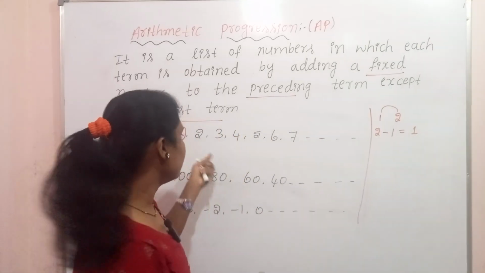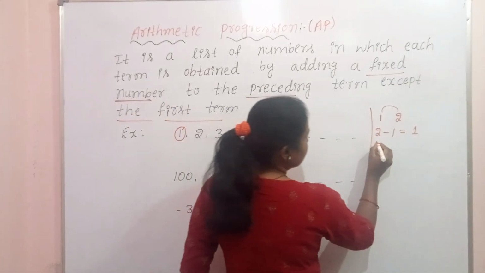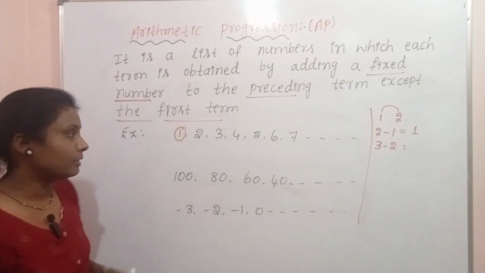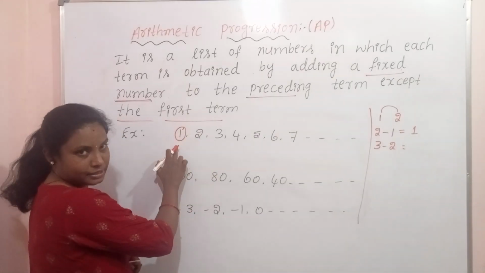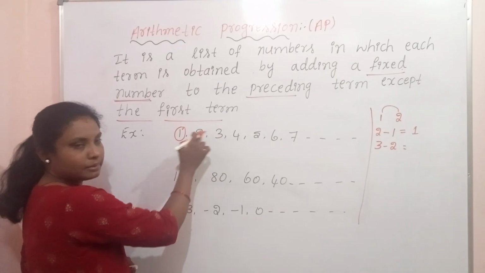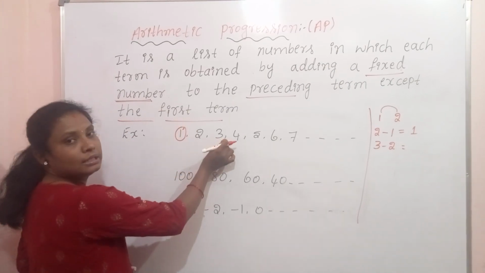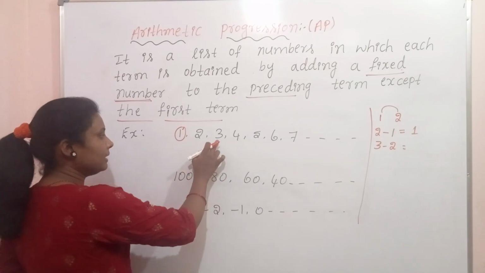Next, you can consider 2 and 3: 3 minus 2. So while finding a difference, you have to take the second term minus the first term, third term minus second term. First we take the later number, afterwards the previous number. 3 minus 2.